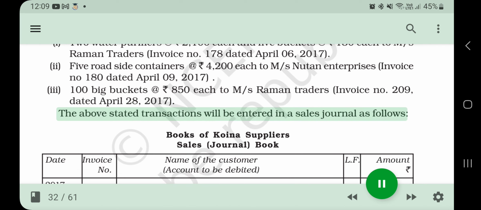The above stated transactions will be entered in a sales journal as follows.